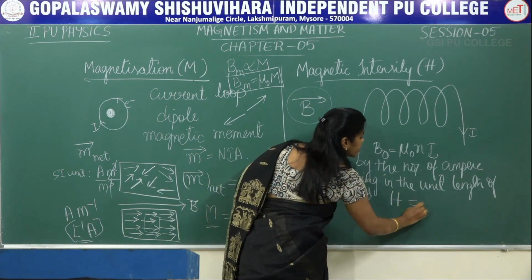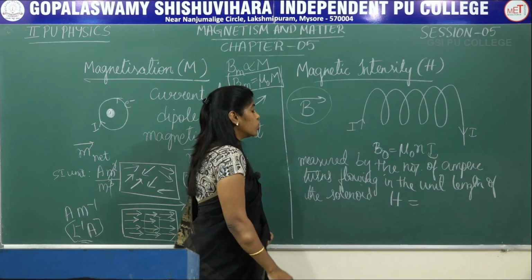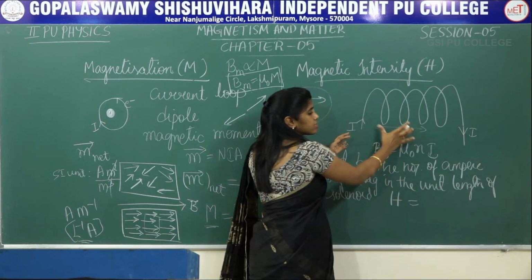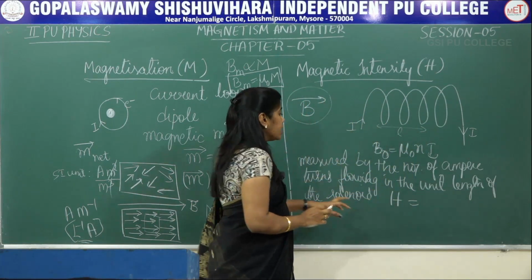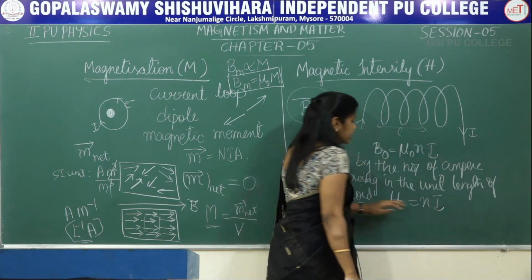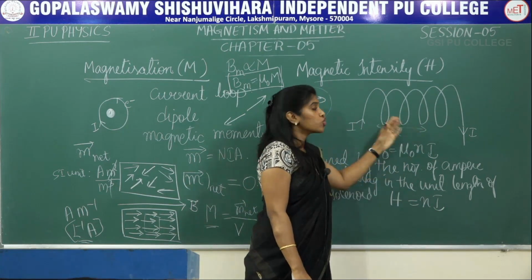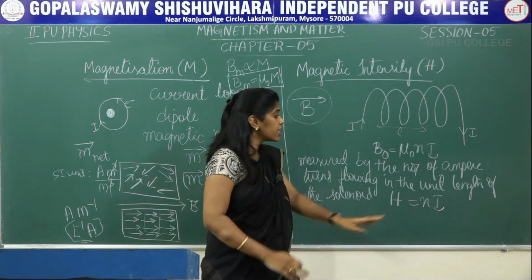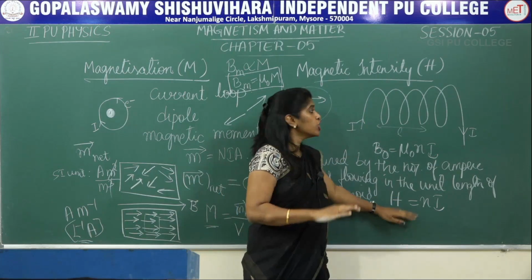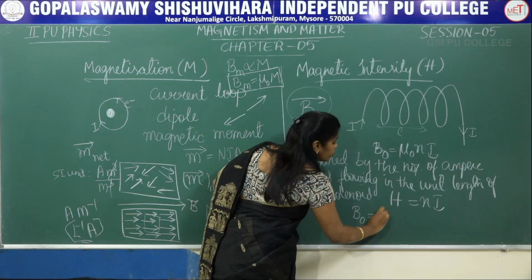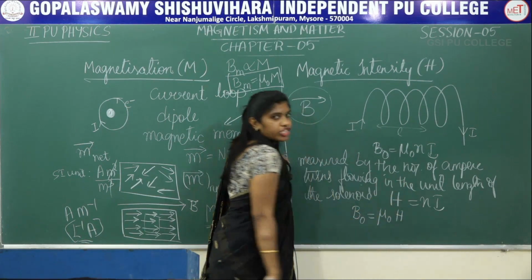So from this I can write H is equal to, so if I consider this as the unit length, then H will be written as the number of ampere turns per this unit length. So we are going to count how many ampere turns are there in a unit length, and that will be the H. So from this formula I can write B naught as equal to mu naught H.